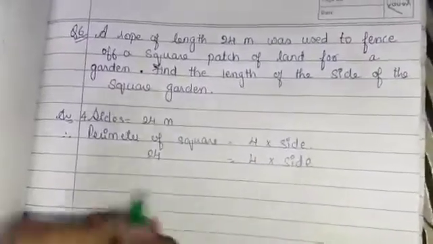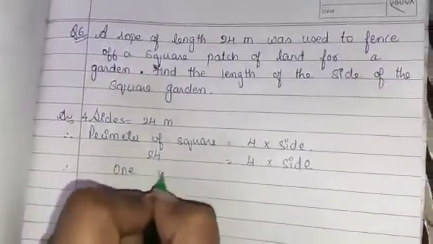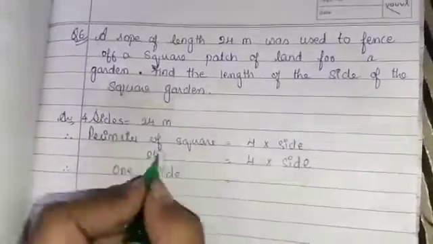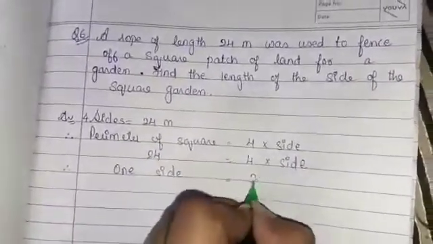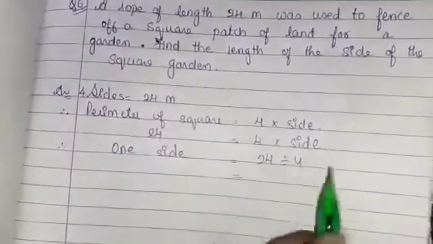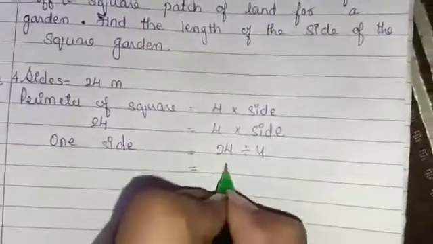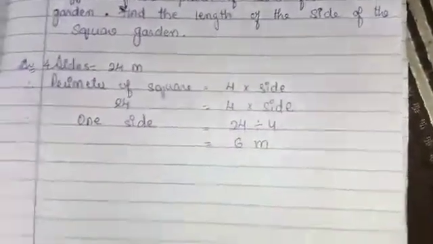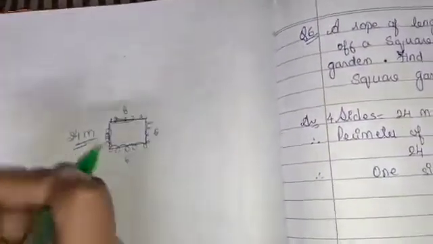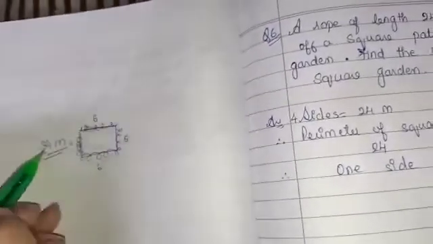Now we will change the side, change the sign. Therefore one side equals, we will divide these two. So 24 divided by 4. What answer will you get when you divide this? 4 6s are 24 comes. So we will get the answer 6 meter. So one side is 6 meter. So 6, 6, here 6 and here 6. Now you can do addition or you can multiply. 6 4s are 24.